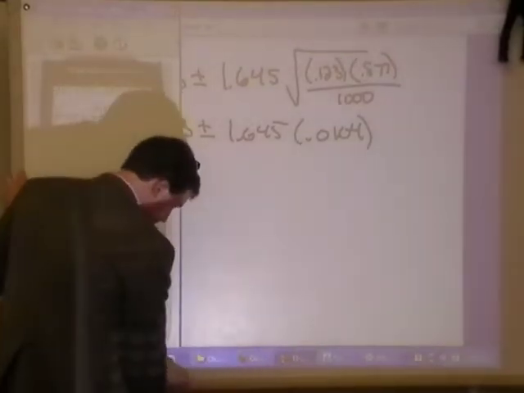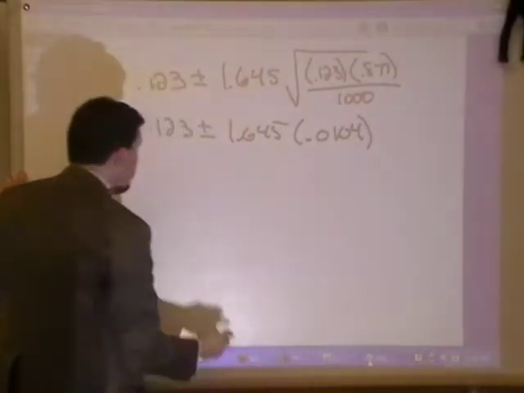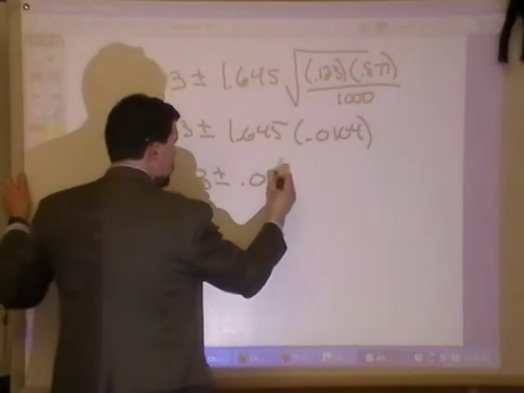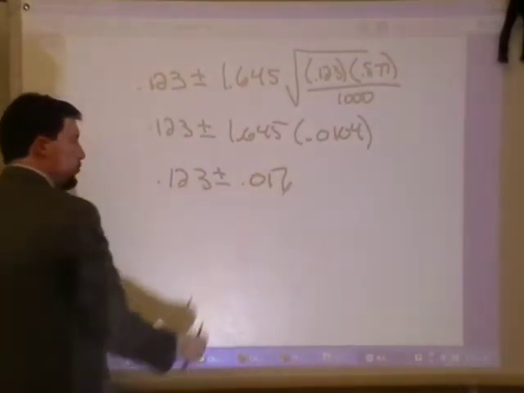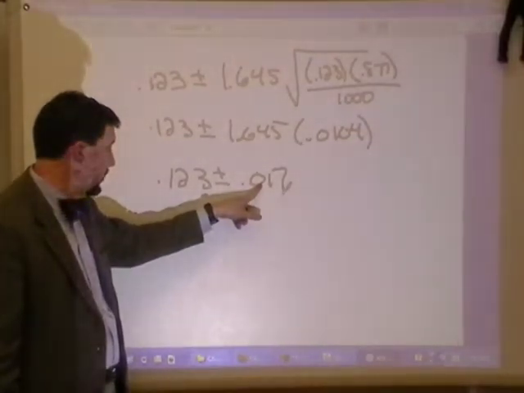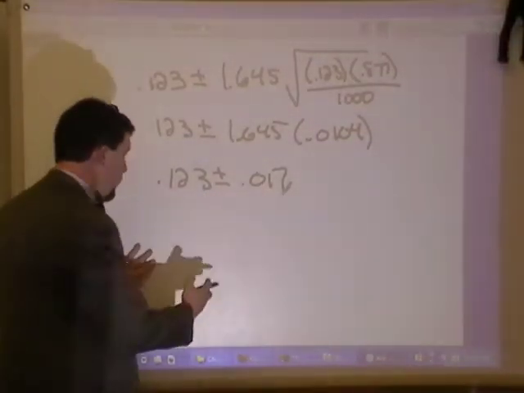So now I've got 0.123 plus or minus 0.017. This is what I'm going to use as my margin of error. Now I can finish, and I'm done with my rounding here. Okay, so what is my confidence interval?